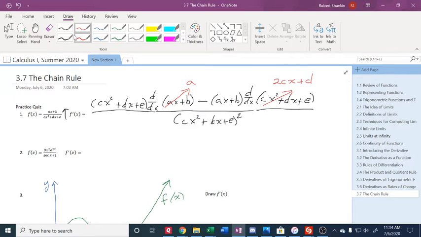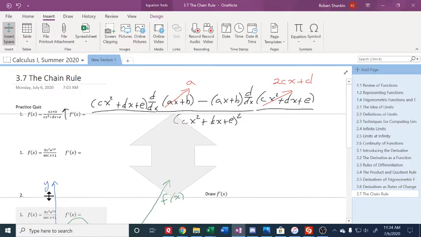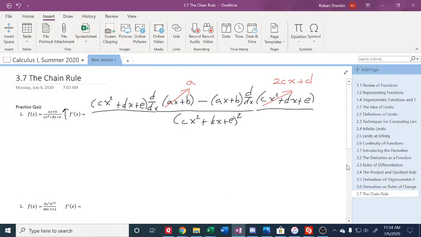So then I'm going to get equals, let's get a little more space here. This a, I'm going to distribute to everything in here.